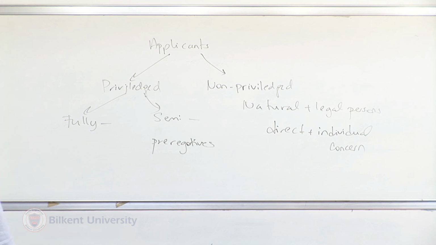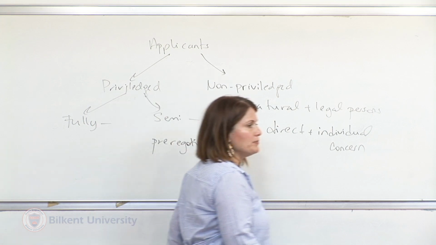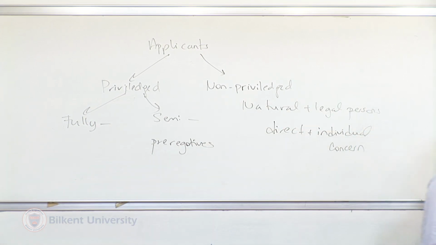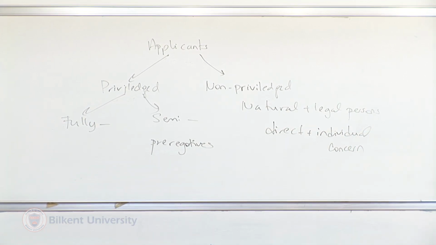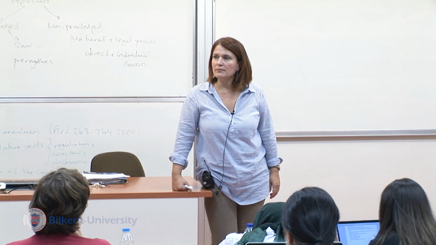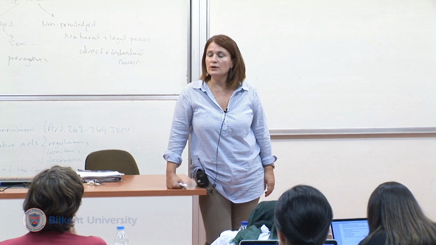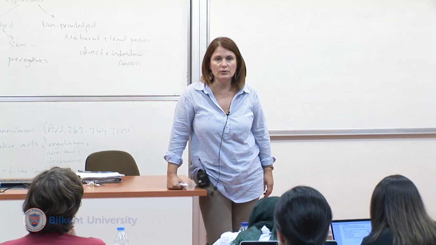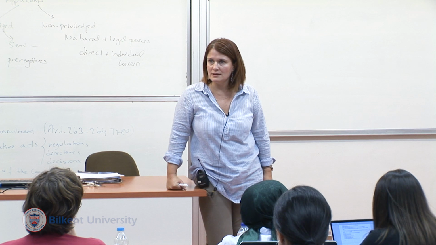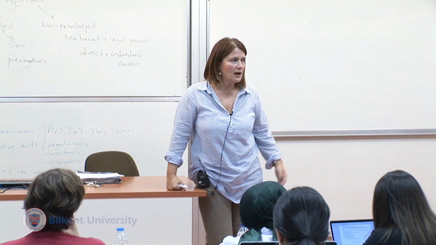Doğrudan ve bireysel olarak ilgilendiren. For instance, if the European institutions adopted a directive providing rules on university staff, is it my direct and individual concern if I'm living there and working in a university? Yes. Therefore, in that case, I could apply.